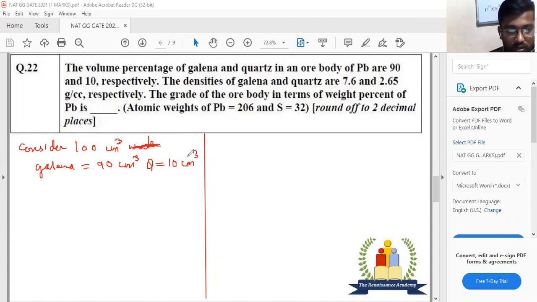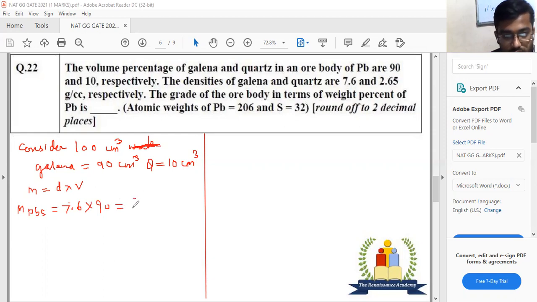Now we have the basic formula, that is mass is equal to density multiplied by volume. So first calculate the mass of galena, PbS. Density into volume. Density is given, that is 7.6 multiplied by volume 90.